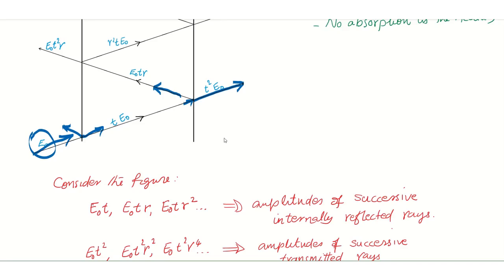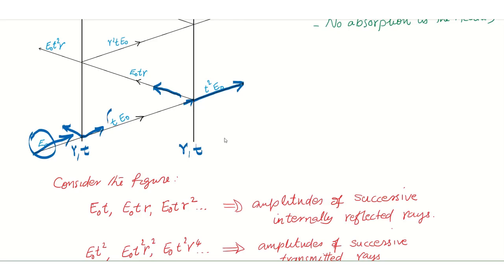Both of these plates are identical, with reflectance R and transmittance T. Just for those who haven't thought about it, R and T are fractions. The maximum value each can take is 1, because R equal to 1 means it's completely reflected, and T equal to 1 means it's completely transmitted. That means it's a value between 0 and 1.